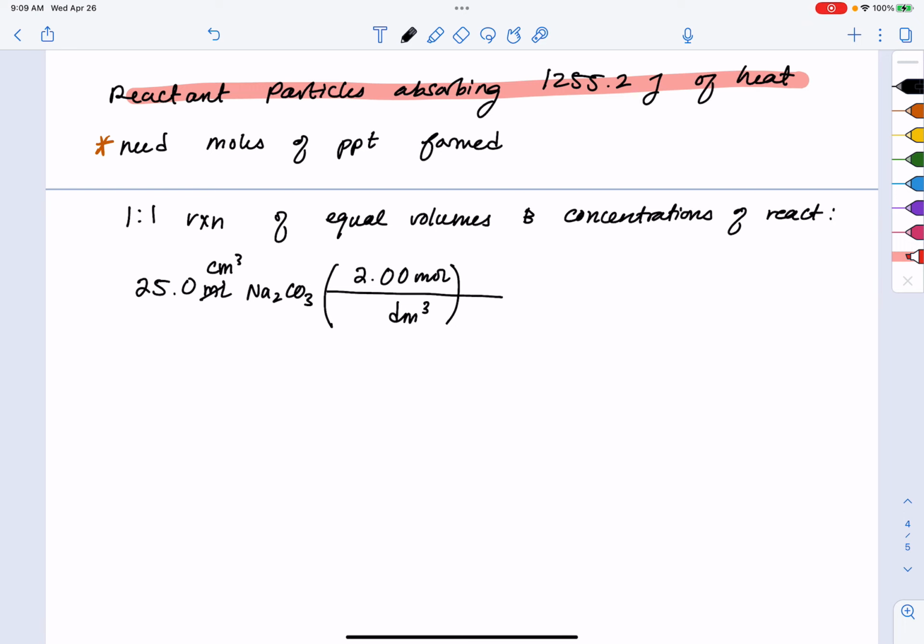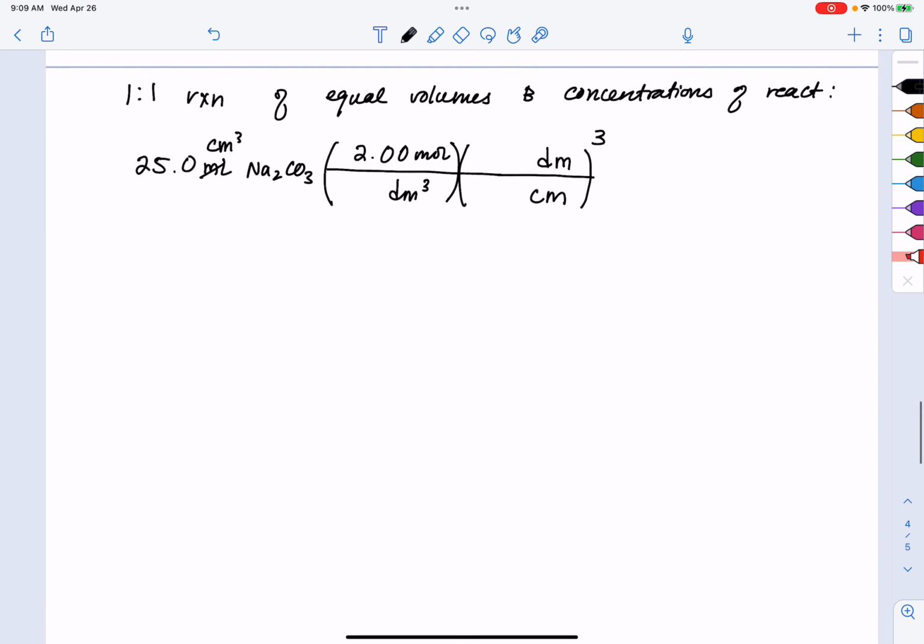And notice if I were to just do this calculation as is, cubic centimeters and cubic decimeters would not cancel. So I need to be left with cubic centimeters in the denominator so that I can cancel out my decimeters. Since I don't know how many cubic centimeters are in a cubic decimeter off the top of my head, I'm going to use their normal one-dimensional relationship to get this going.